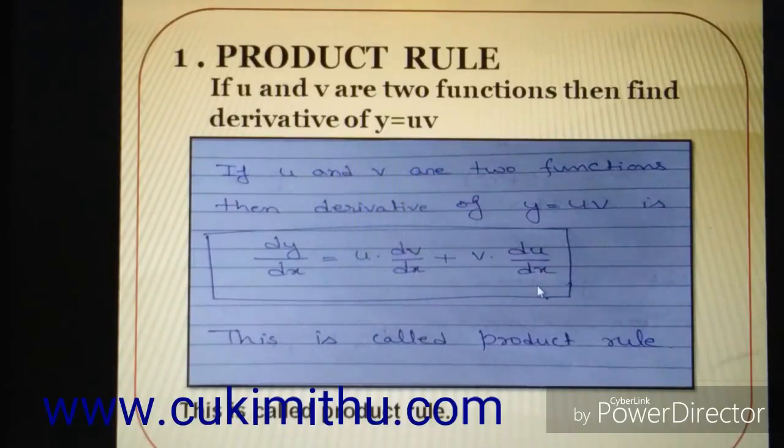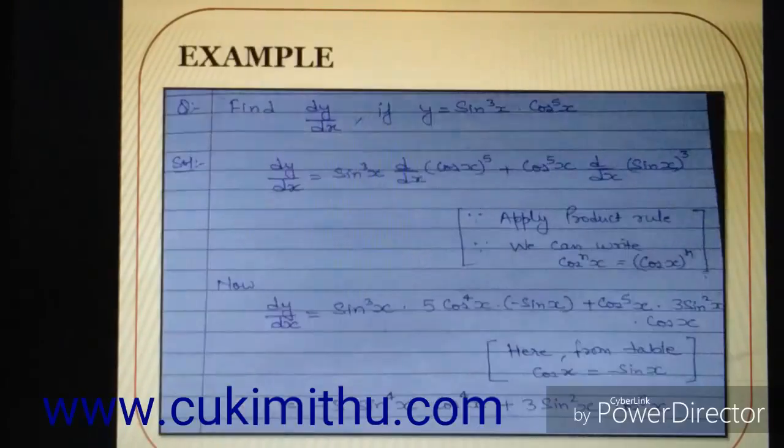We apply this product rule in many cases as we go further in differentiation. Now we take one example: find the derivative of sine cube x into cos to the power 5x.